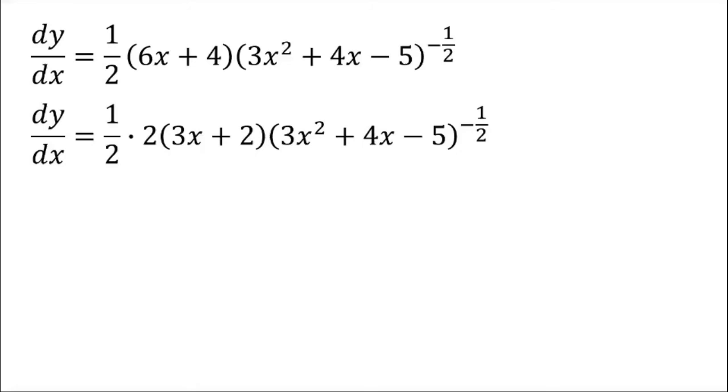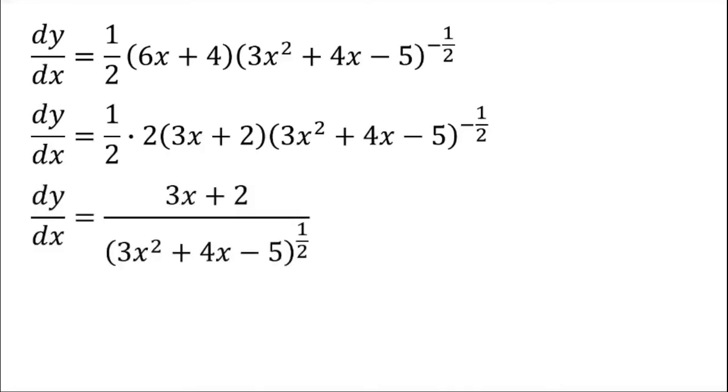So it will be 1. So it will become 3x plus 2. And just like Jumel said, since there is a negative exponent, we can actually write those terms in the denominator. So this will become dy over dx equals 3x plus 2 over 3x squared plus 4x minus 5 raised to 1 half.